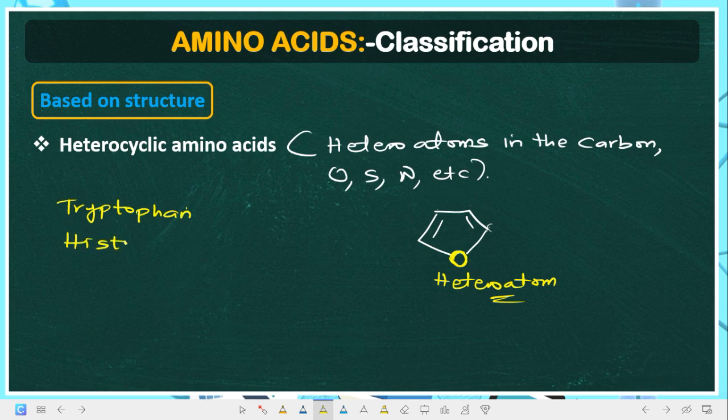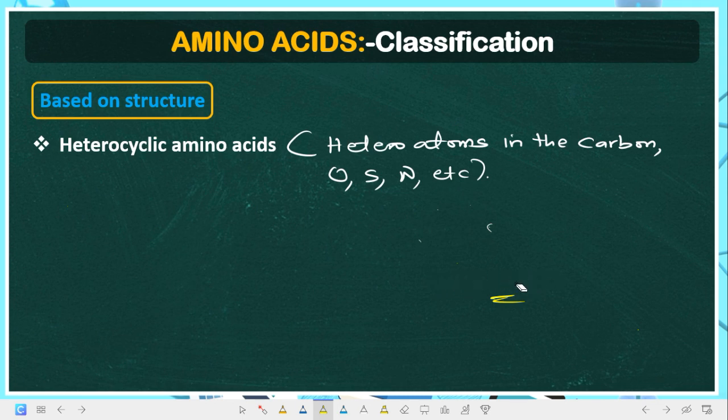Histidine. So let's look at the structure of the two heterocyclic amino acids, tryptophan and histidine. These two amino acids contain special groups like that of the guanidino functional group. So let's write them down.